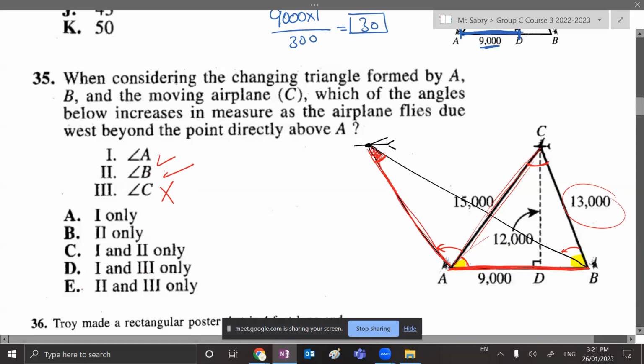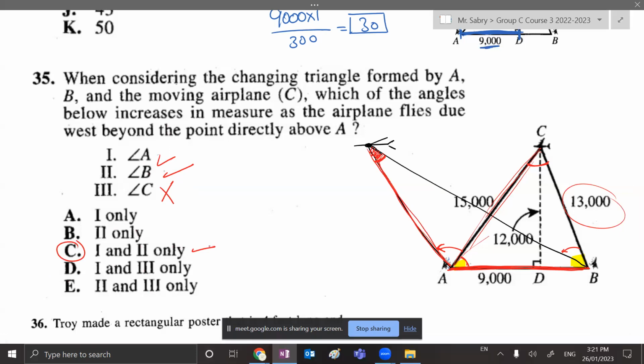Does that kind of make sense? So it's actually C. And I explained it in two different ways, by imagining it, and by knowing that the sides and angles opposite to each other affect each other.